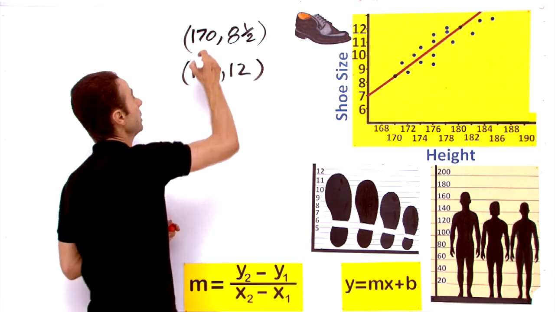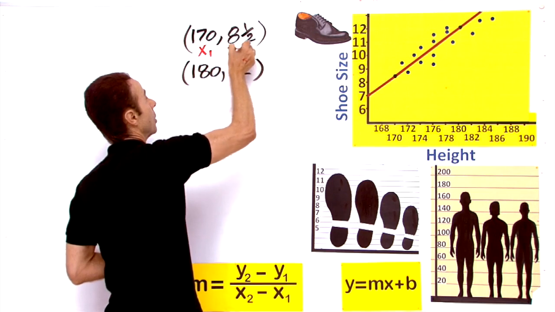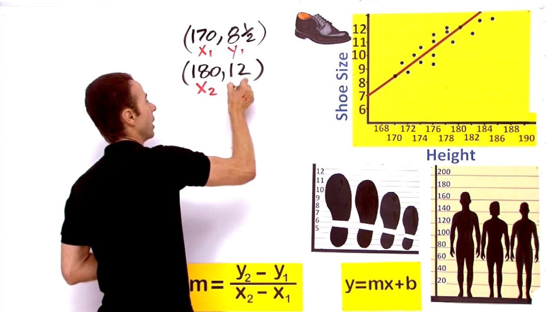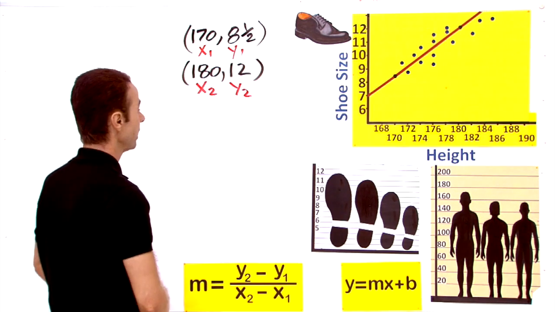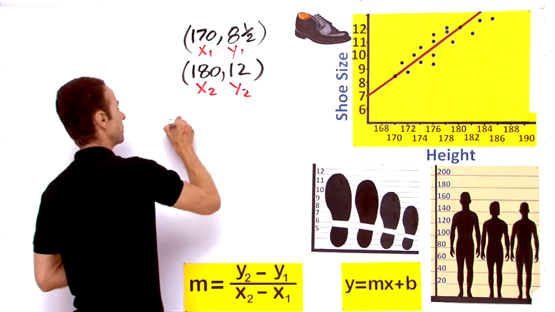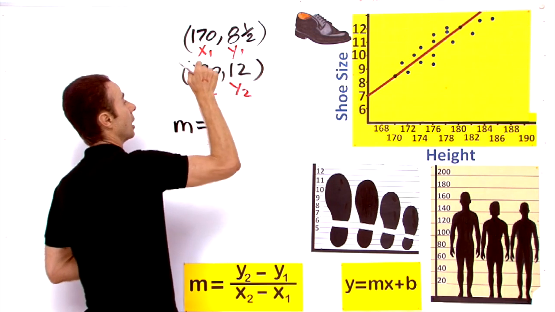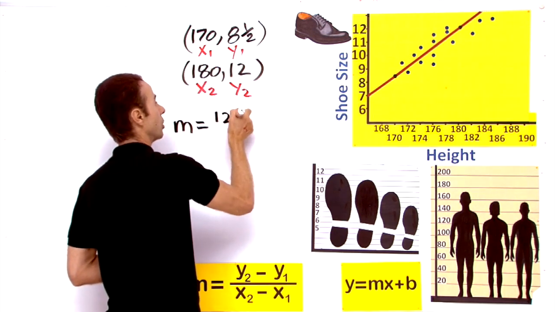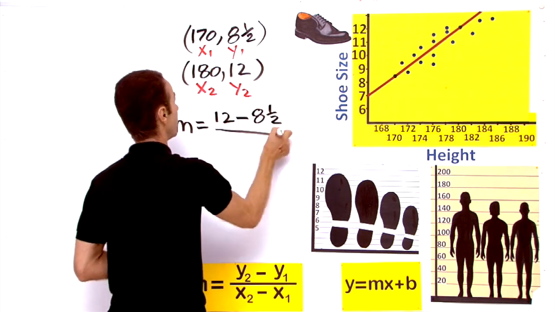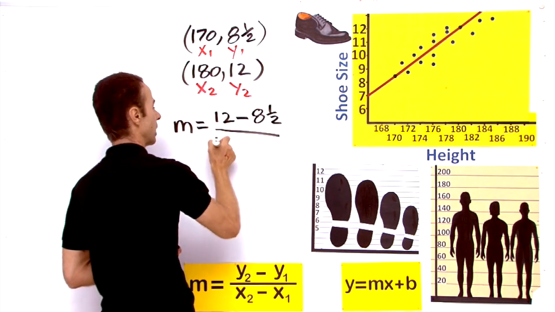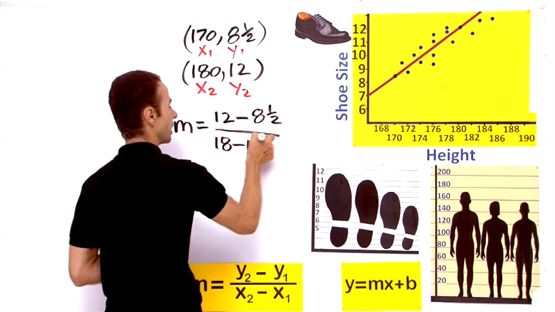So x1, y1, and x2, y2 right there. Let's put it straight into the formula. So m, the gradient, equals y2, 12, minus y1, 8.5, all over x2 minus x1, 180 minus 170.